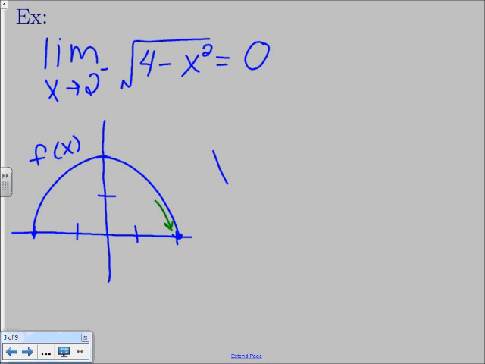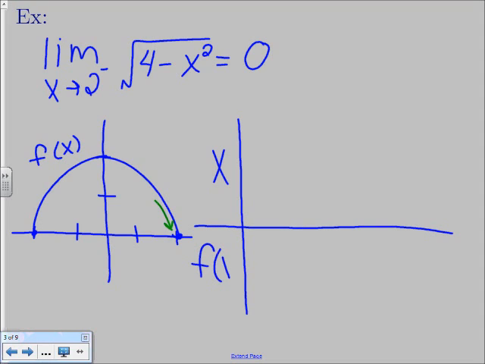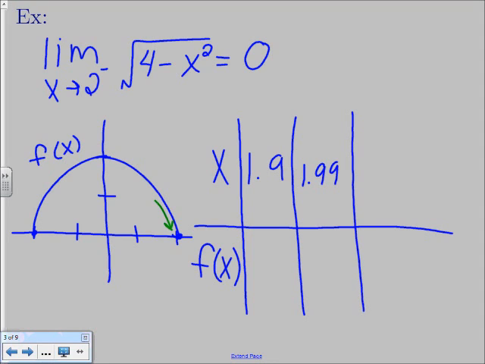So again, we're going to set up a table of values, so do x in the top row and f of x in the bottom. And instead of looking at values on both sides of 2, we're just going to look at values that are a little smaller. So we could start with something like 1.9, go to a little smaller and a little closer, so 1.99, get a little closer yet with just adding an extra 9, and then finally look at 2.